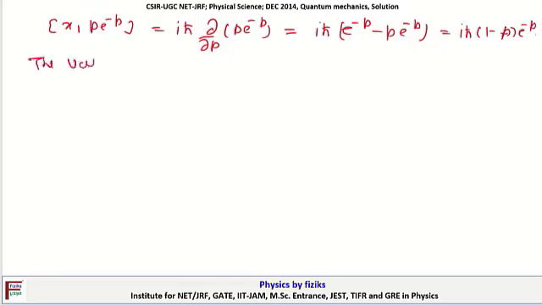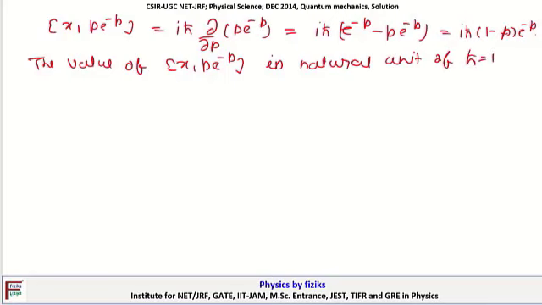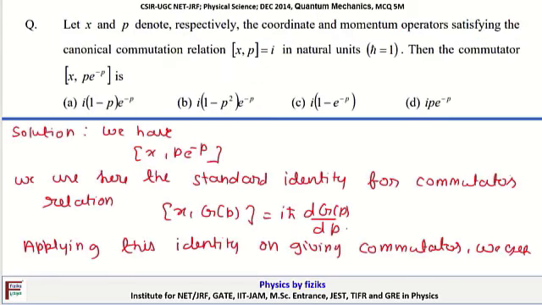The value of the commutator [x, p e to the power minus p] in natural units of h cross equal to 1 is i (1 minus p) e to the power minus p. Thus, our answer for this problem becomes option A.